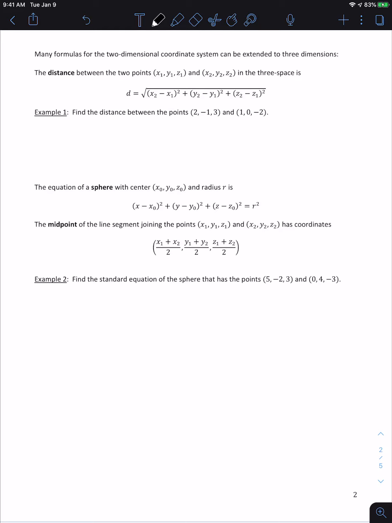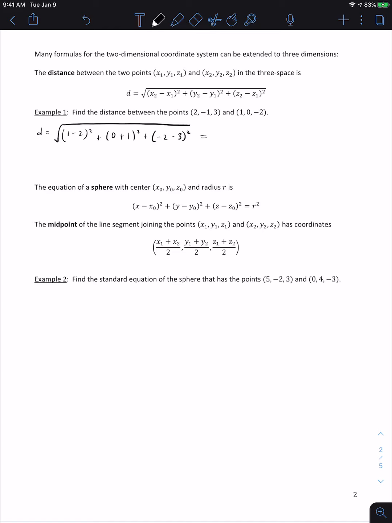So for example, if I wanted to find the distance between the points 2, negative 1, 3 and 1, 0, negative 2, what would I do? Well, I would just say, okay, x2 minus x1, so I get 1 minus 2 squared, plus 0 minus negative 1, so plus 1 squared, plus negative 2 minus 3 squared.